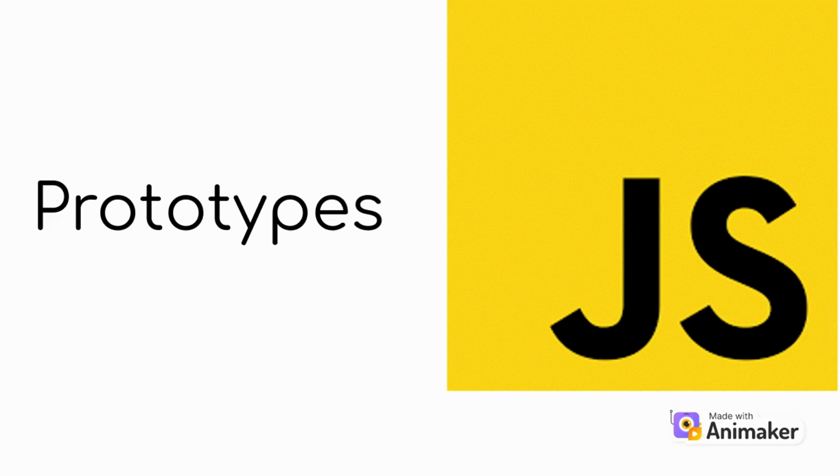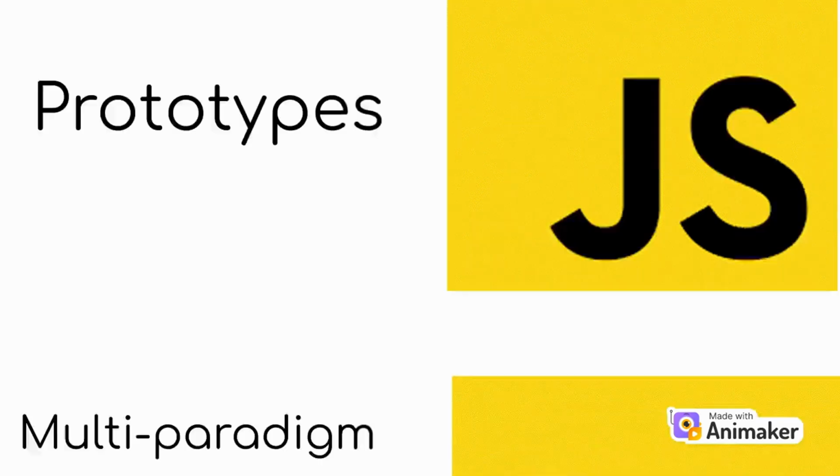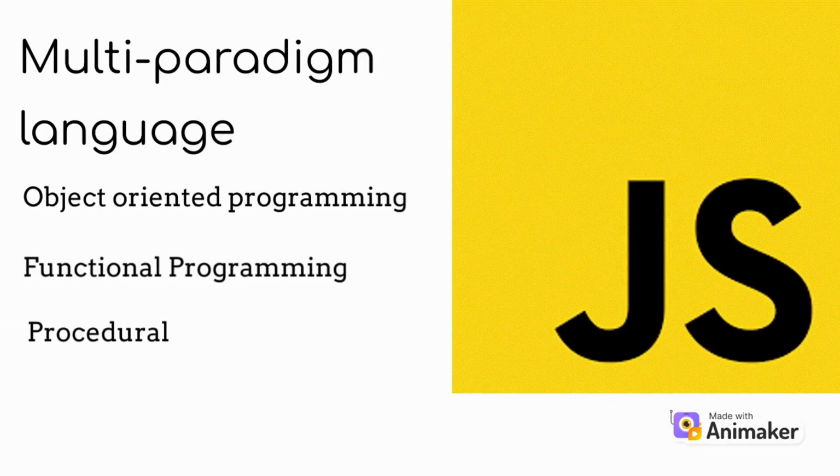The next JavaScript language feature is that it is a multi-paradigm language. The term paradigm in programming refers to an approach to structure your code, or how programmers approach problems and solutions, and how they structure or design their solution. There is no right or wrong way of structuring the code.